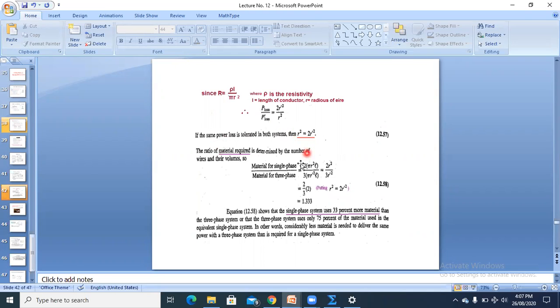And now we substitute the volume in terms of volume of the material used, in terms of copper. So we have this relationship, and we solve this relationship, we will get 2R square by 3R' square.